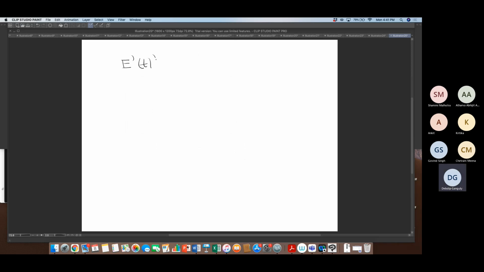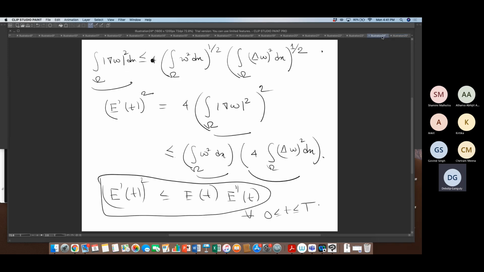What is that? E prime t. Listen, now a problem in analysis. E t, for all t greater than 0. Is that clear? This is just a computation. There is nothing to it. Is that clear? This inequality is clear. How I got it?